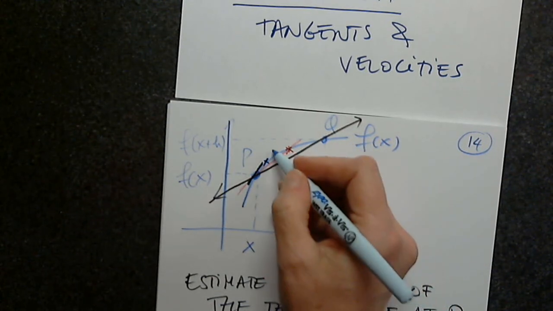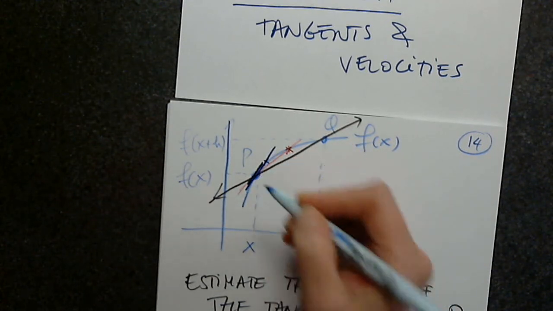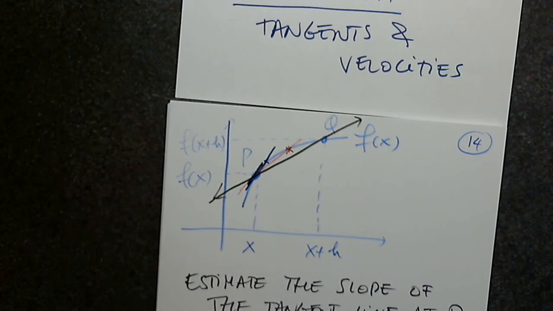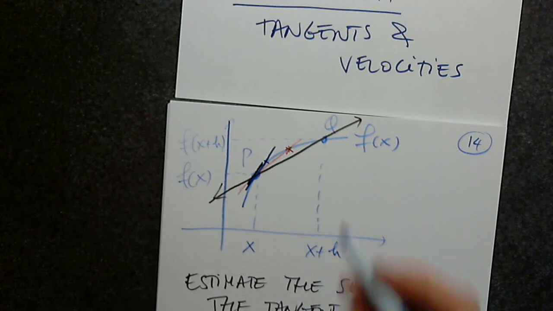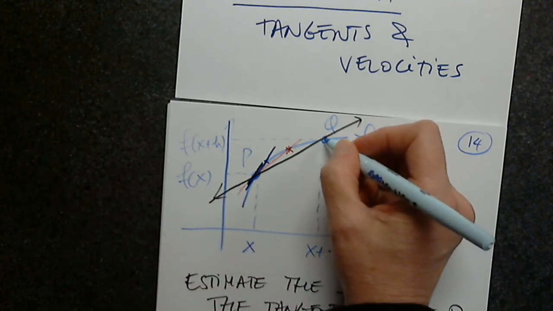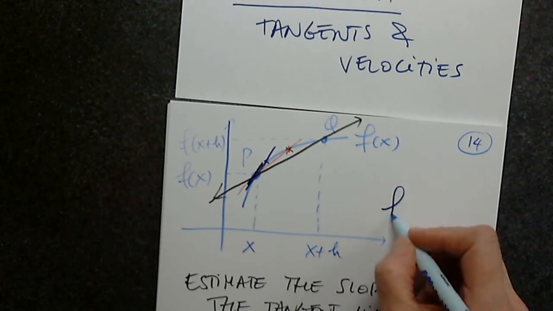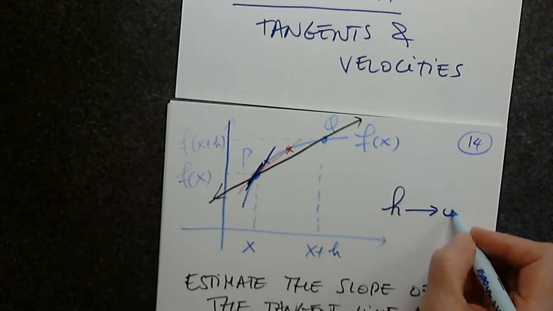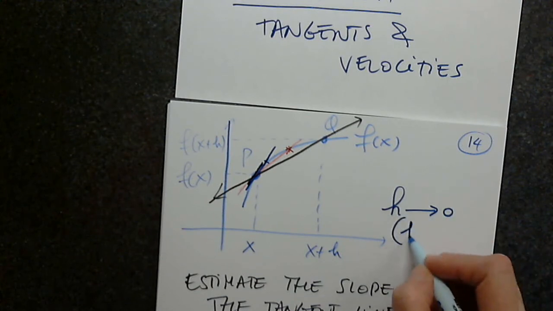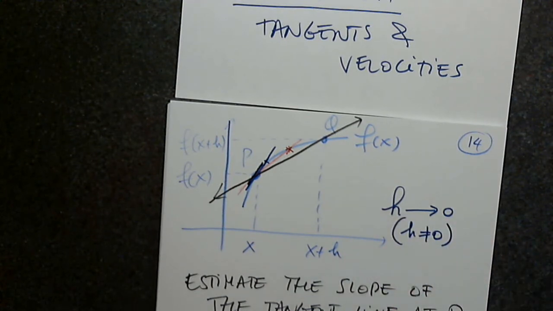Okay. Let's say now I get even closer. I'm here. Do you think that the slope of the third line will be closer to the slope of the tangent line than the previous two? Okay, and now finally, P and Q will never be the same point. I cannot say now that Q is here because h is not 0. You can say that h approaches 0, but you cannot say that h equals 0.